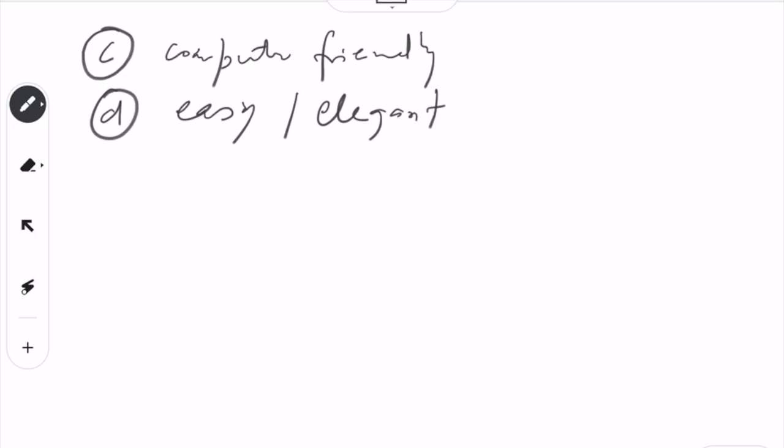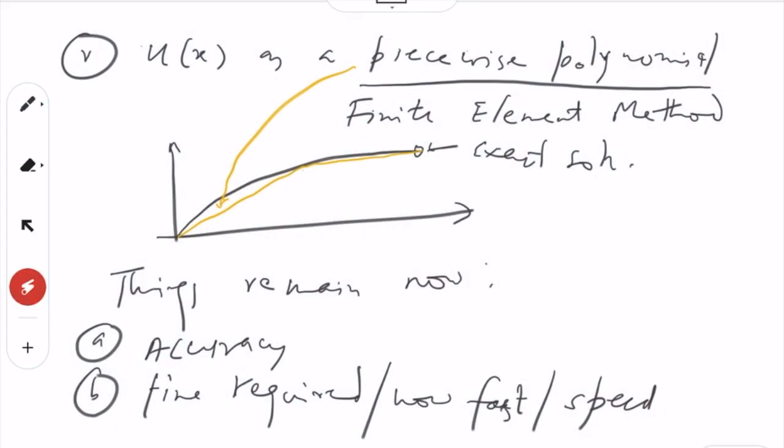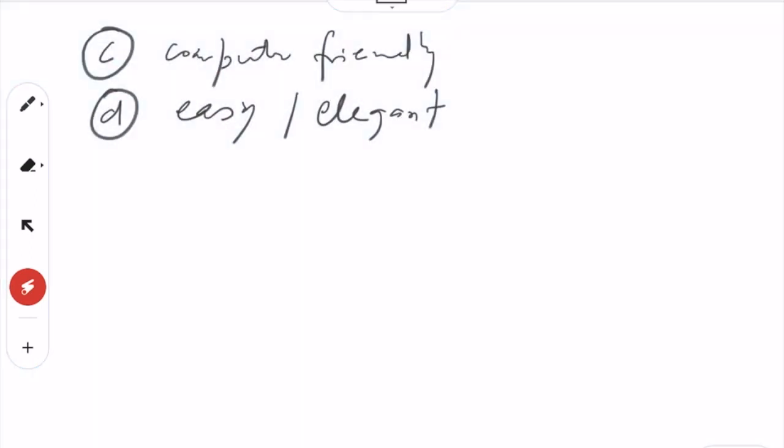Based on these things we are going to choose. Everything is based on the choice of the test function. Our choice will depend on how accurate we want it, how fast we want it, how computer friendly it is, and how easy it is.